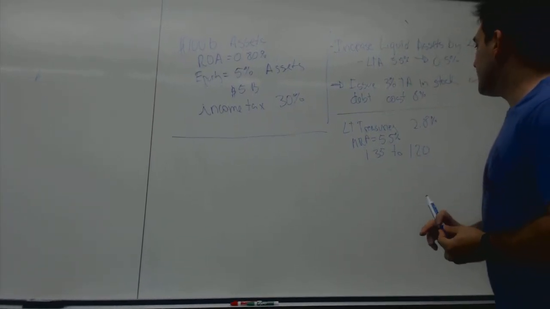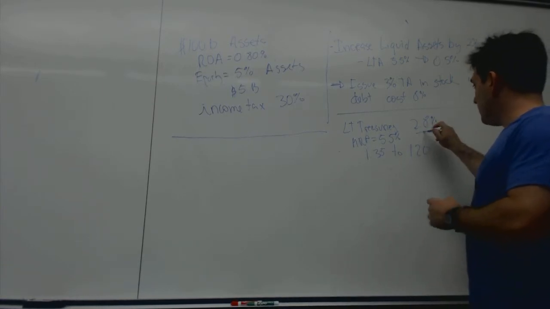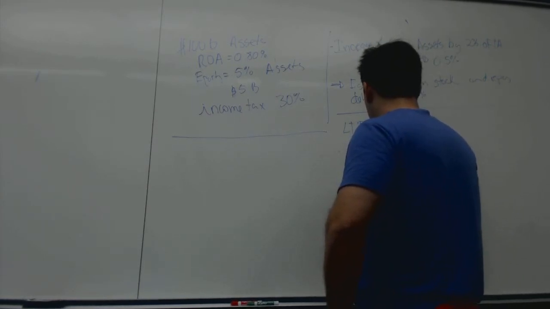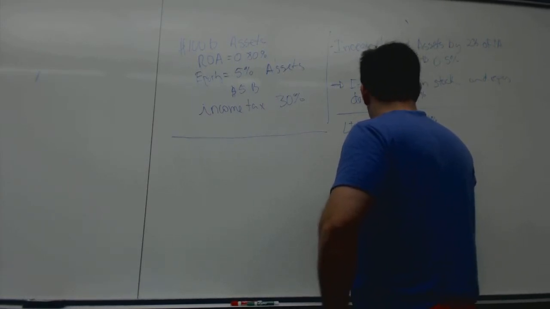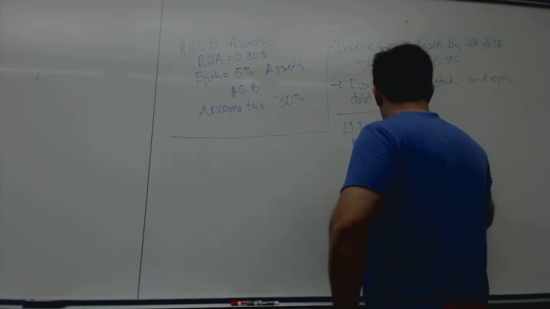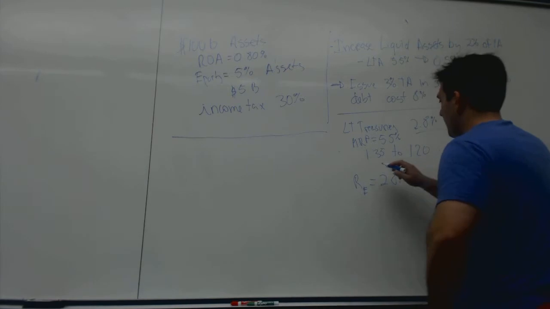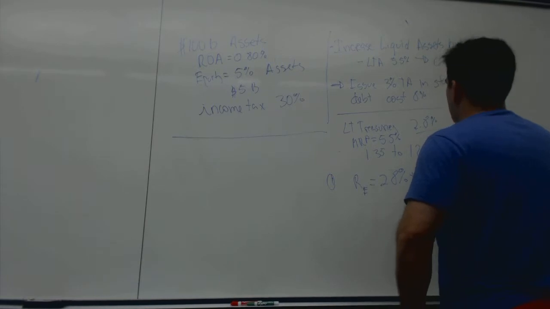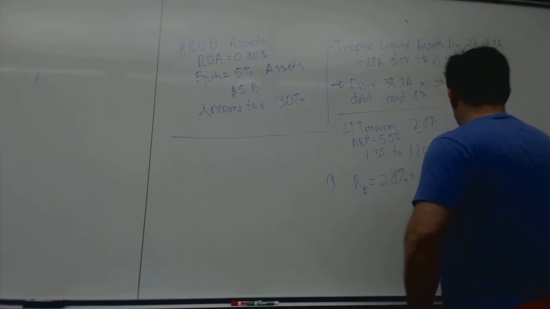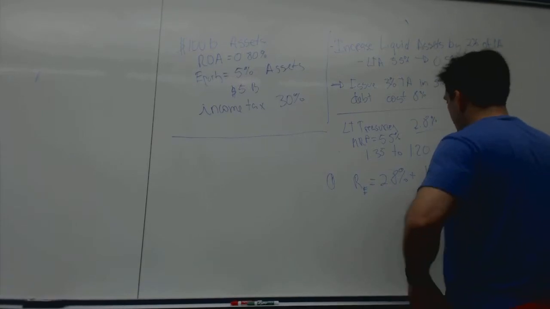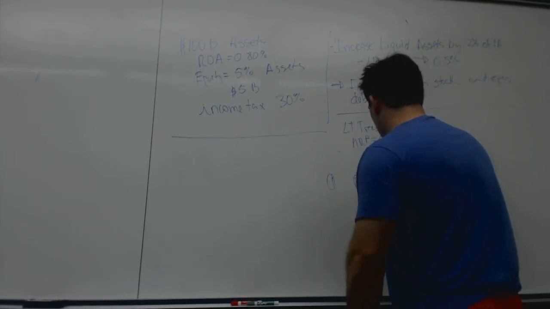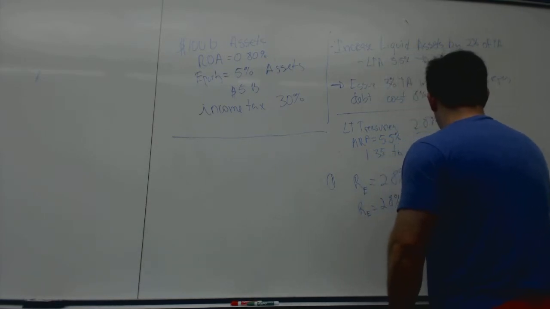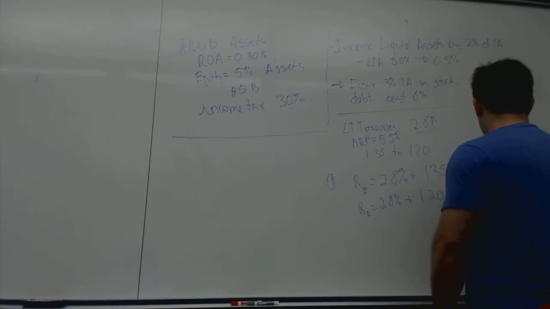The easy part is what is the cost of capital. The bank is using long-term treasuries as the risk-free rate. So we know that the required rate of return of equity is going to be equal to 2.8 plus beta. At time 1, that beta was 1.35 times the market risk premium. And at time 2, it's going to be 2.8% plus 1.20 times the market risk premium.